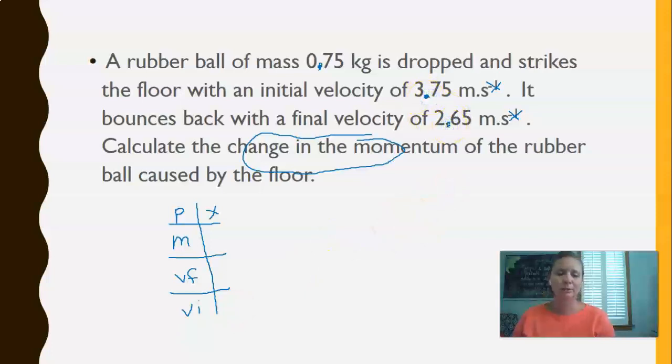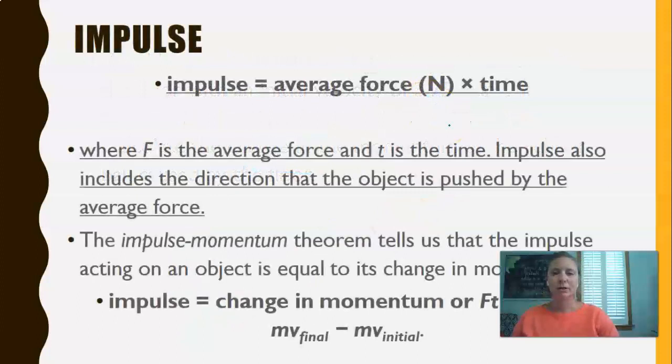One of the last things I want to talk about with momentum is impulse, meaning that sometimes things collide, and with that there is a change in energy, and that's what this equation is talking about. And we're just going to use the ideas behind it. So impulse equals the average force.